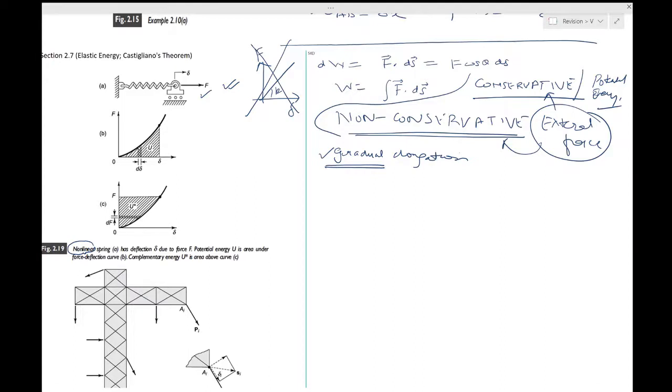Okay, so the potential energy in this case is equal to the integral of F dot ds from 0 to delta, which is the final elongation, or the elongation at that stage. So potential energy will be shown by the symbol U, and it's a scalar quantity clearly because this is a dot product. So the dot product of two vectors is a scalar. Okay, so this is something perhaps which you already knew.